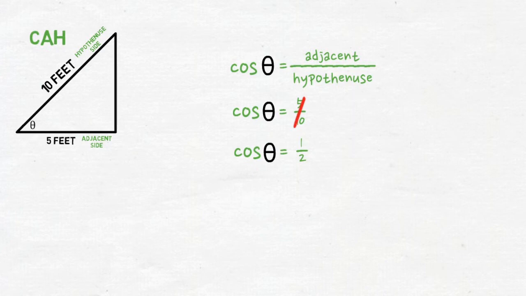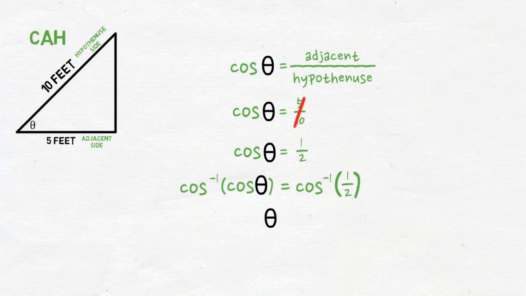The way that we'd use a calculator is we would use the inverse cosine function. We will rewrite this as inverse cosine of cosine theta is equal to inverse cosine of 1/2. Why are we doing this process? By applying the inverse of cosine, the cosine function on the left side will be eliminated, giving us a new equation. Theta is equal to the cosine inverse of 1/2.